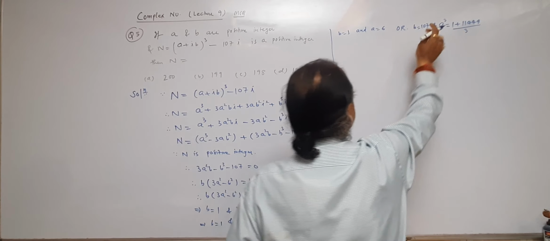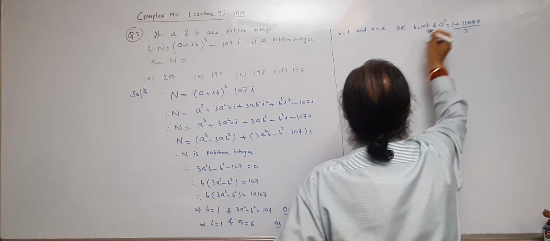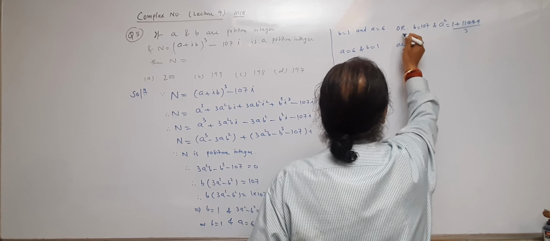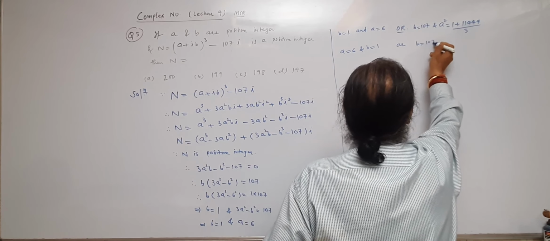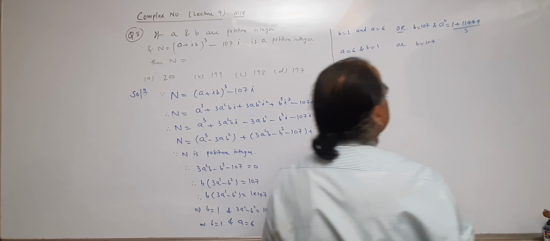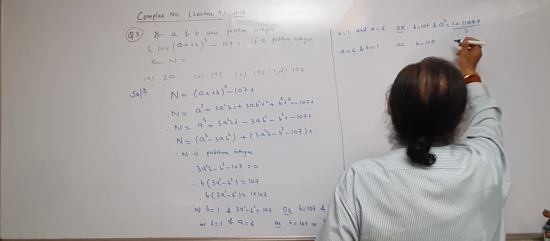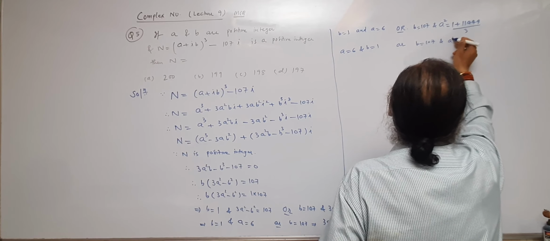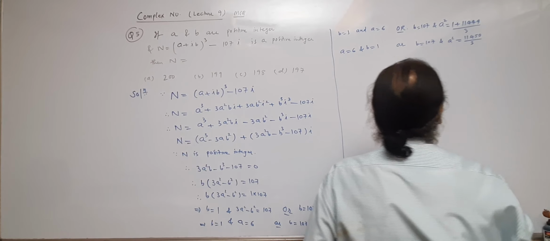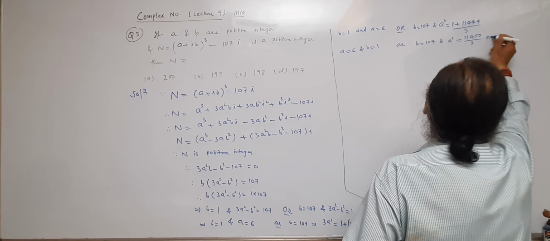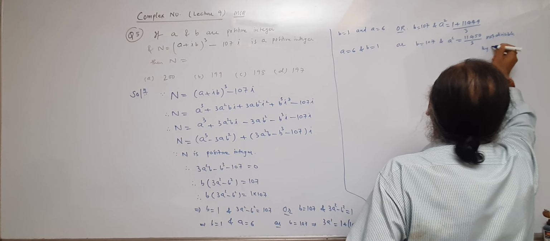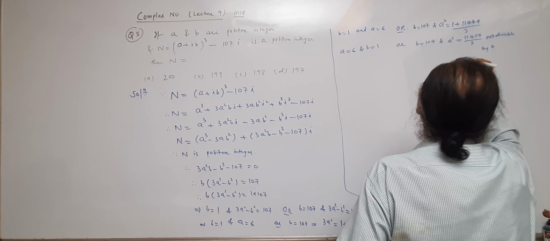This is a square, sorry. So a is 6 and b is 1, or b is 107 and a square is not an integer, since the number is not divisible by 3, therefore it will not give an integer.